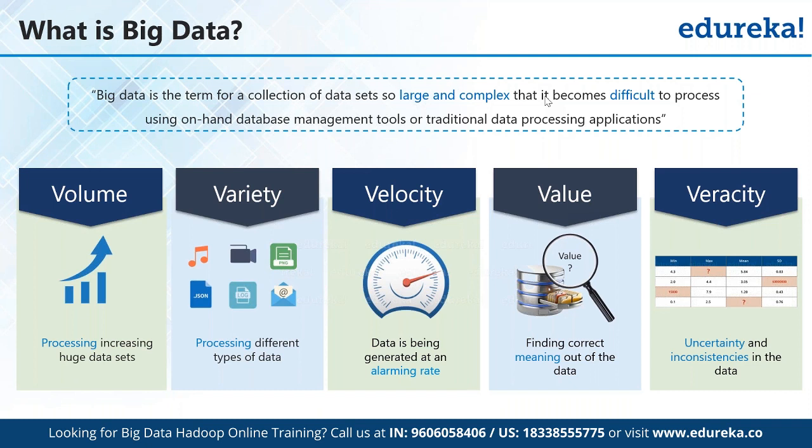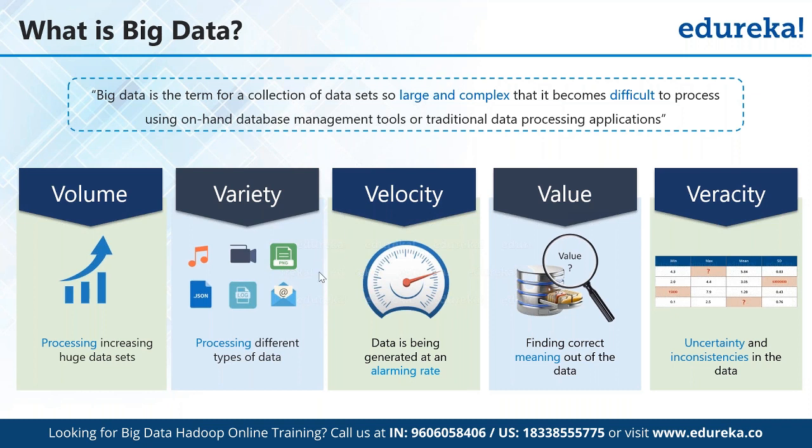But if you have unstructured data, like text data, tweets, your Facebook posts, you can't process them using your traditional RDBMS system. Can you? You can't. So this kind of data, with huge volume, becomes big data.